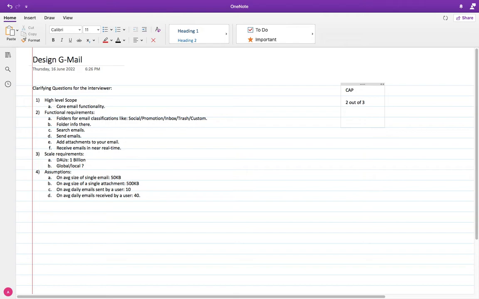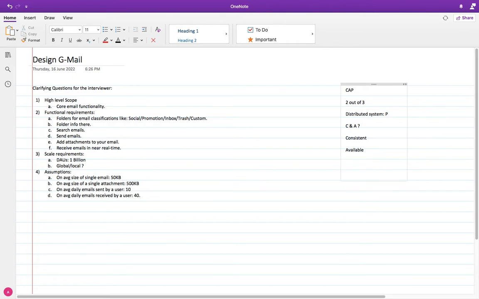We know that in a distributed system we assume partitioning is there. We only have to decide between consistency and availability, right? Let's say for this email application you have to decide whether that application should be consistent or should be available.